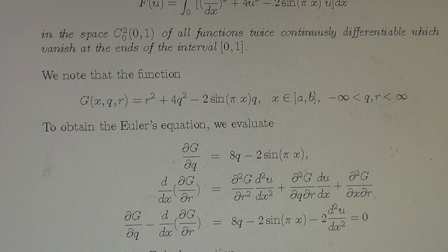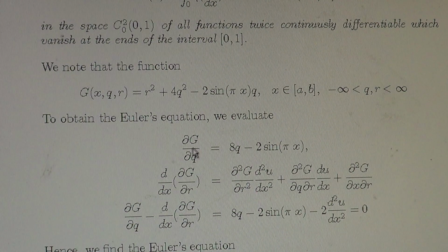The derivative of r squared with respect to q is 0. 2 times 4, which is 8q, minus 2 sin pi x, because the derivative of q with respect to q is 1.